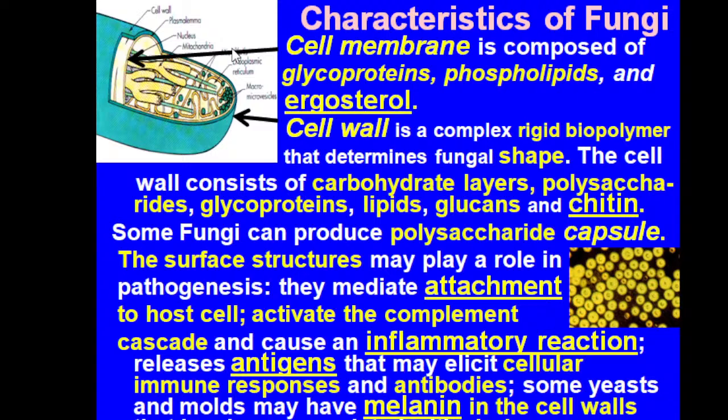Then the surface structures of the fungi may interfere with the host defense mechanisms of the human body. For example, they are very good in activating the complement system that occurs in the human body and has a protective function against a lot of microbes.